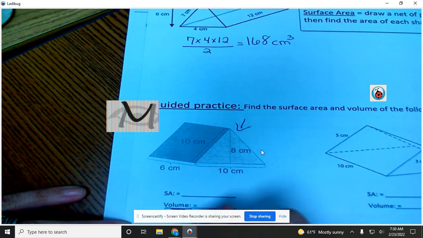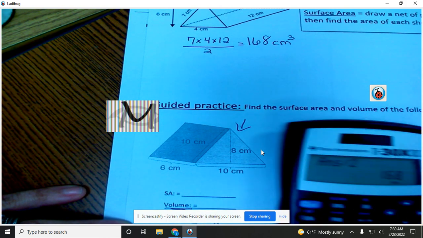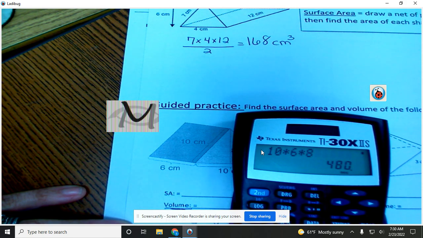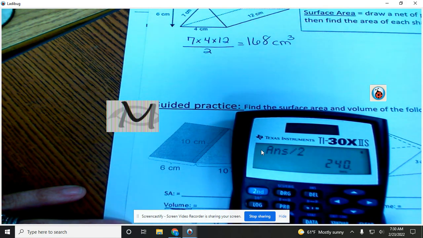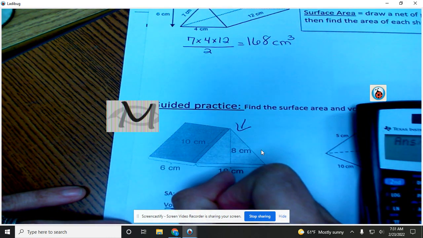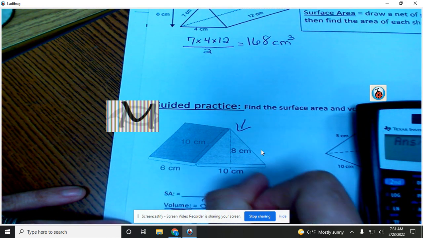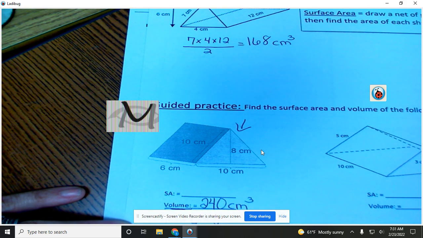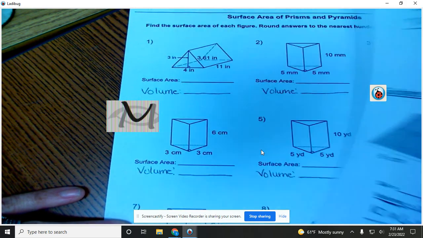And don't forget, the biggest thing is that you have to divide it by 2. So the volume for this one is 10 times 6 times 8 divided by 2 equals 240 cubic centimeters. So that's pretty easy for the triangular prism.